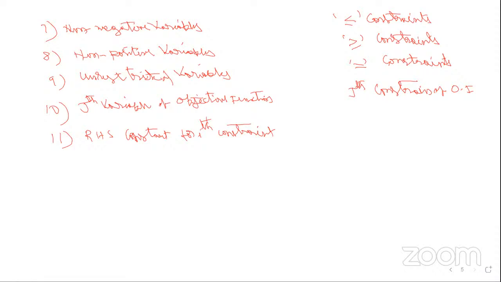Coefficient of the objective function for the ith variable. OF means objective function, for the ith variable.